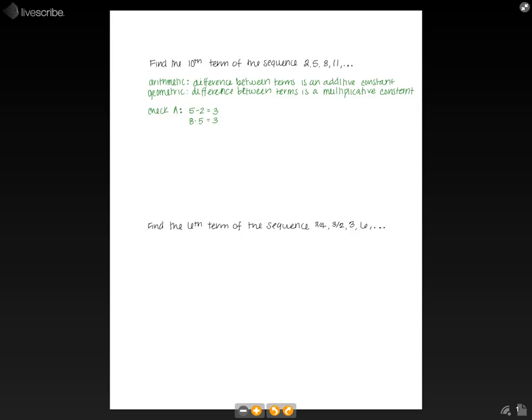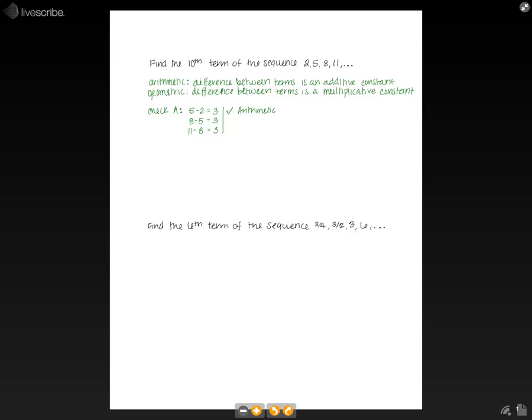So that's good. We're doing good so far. And then we have 11 minus 8, which is also equal to 3. So that's good. So we know that we have an arithmetic sequence here. So now what we need to do is find the 10th term.